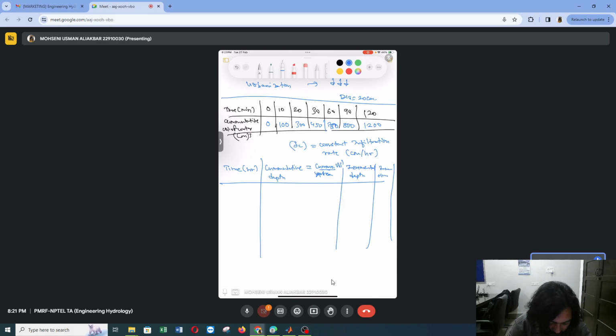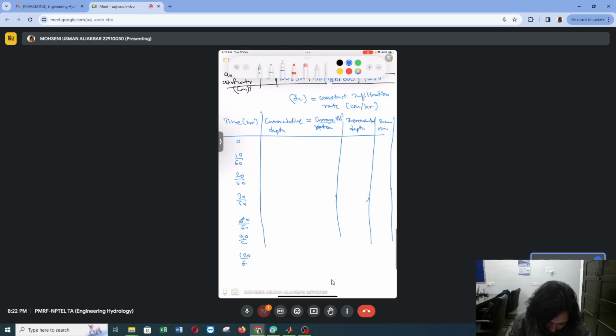So let us first convert this time from minute to hour. The first value is 0, second is 10 divided by 60, then 20 by 60, 30 by 60, 60 by 60, 90 by 60, and so on up to 120 by 60.